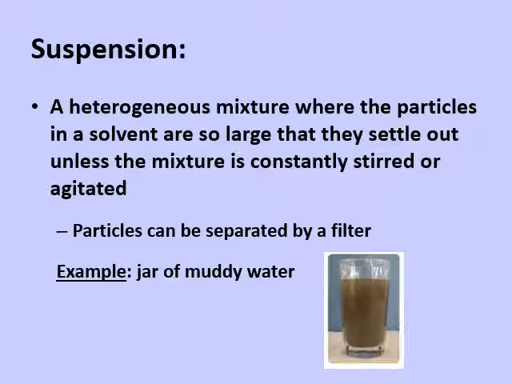And we could agitate it again, we could stir up the solution, and it would appear to be homogeneous, but eventually, with time, those particles will settle out and we will get that heterogeneous separation of our particles. So a precipitation reaction is a great example of a suspension mixture as well. The product of a precipitation reaction is a suspension.